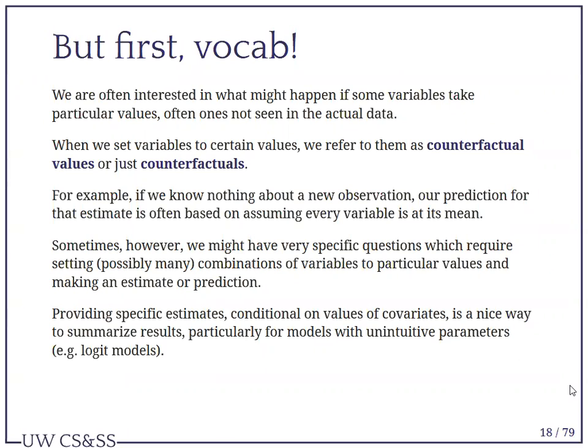Providing specific estimates conditional on values of our covariates is a nice way to summarize results, particularly for models with unintuitive parameters, things like logit models, where our logistic regression coefficients are very difficult to understand as they are right out of the model.